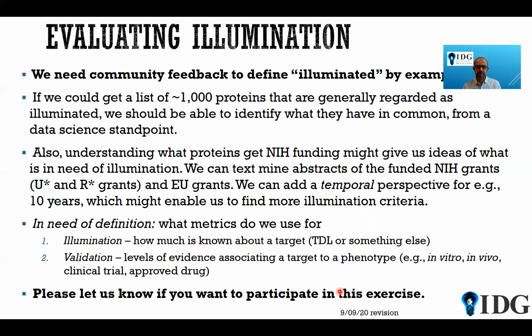It would be my preference that we get a comprehensive list, preferably up to 1,000 proteins, where scientists from different areas, different branches of science, different fields, would give us their view of what they would generally regard as illuminated. And then the hope is that we can identify from a data science point what these proteins have in common. So understanding what proteins get NIH funding, or EU funding for that matter, might give us a different way to look at this.